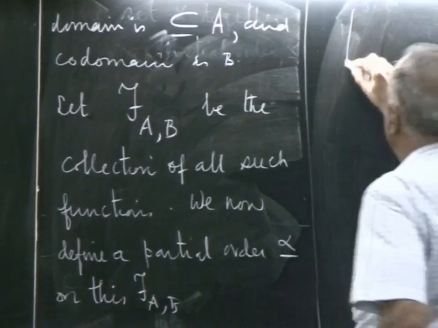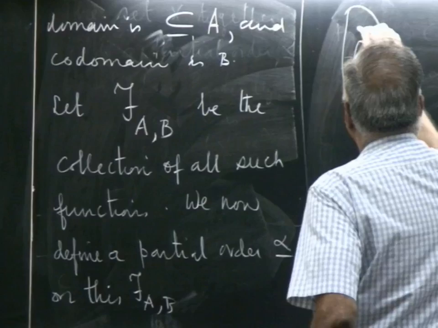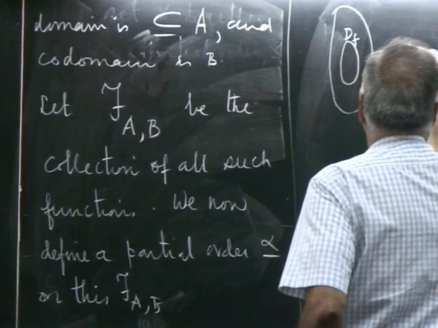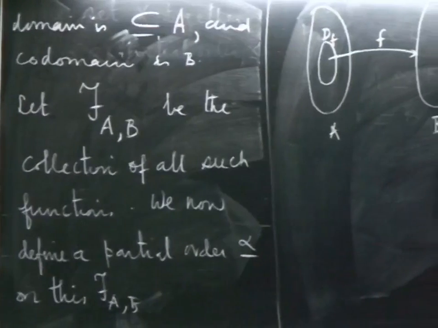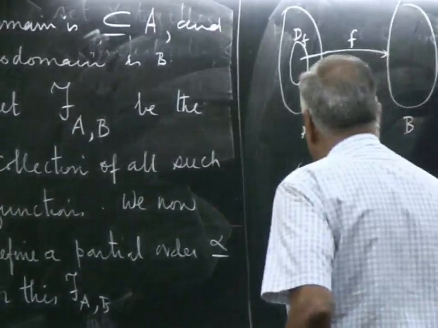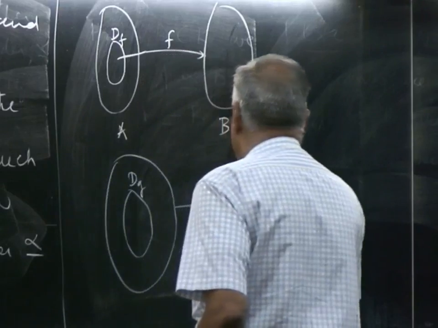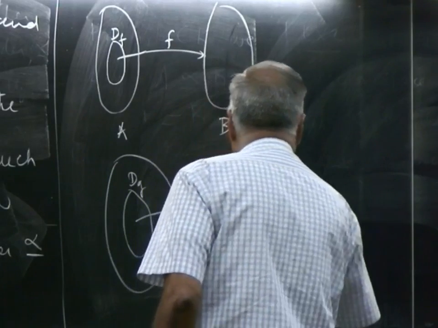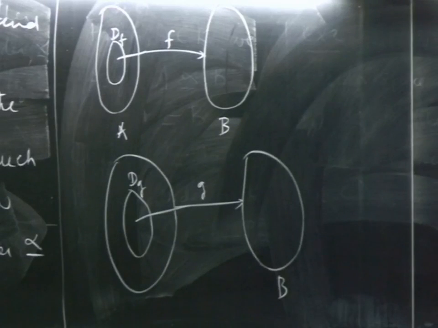So, I have a function f whose domain is D_f and codomain is B, and I have another function g whose domain is D_g and codomain is B. So, both these functions are going to end up at B, but f is defined in some part of A and g is defined in some other part of A.